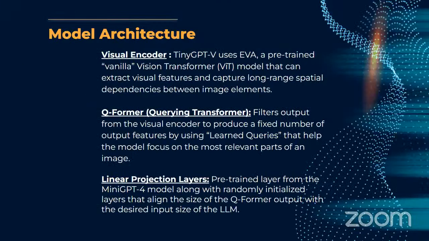Now I will go over a high-level overview of TinyGPT's model architecture. The general pattern that TinyGPT follows is taken from BLIP-2, a general strategy that leverages off-the-shelf, frozen, pre-trained visual encoders and large language models.